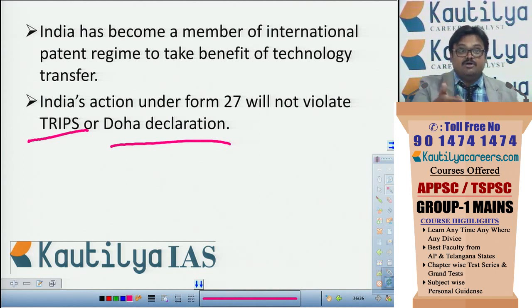Because it has a patent in India, it will not allow any other company to produce such a product. Such a monopoly is not acceptable to the Indian government. So the Indian government has come up with various provisions in the Patents Act which allow it to give a license to a third party if these companies do not fill up Form 27.